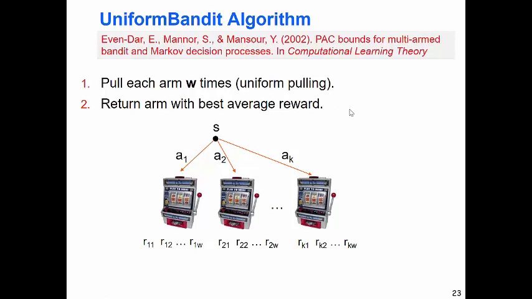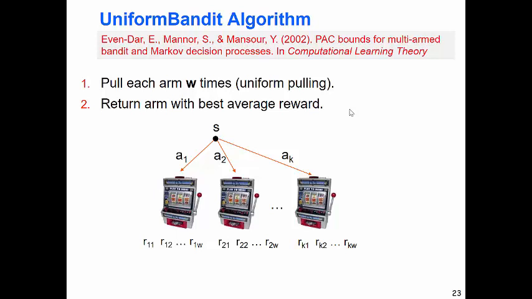But what do we have to do in order to make this into a PAC algorithm? Our bandit algorithm has to decide the value of W here. So all that's left to define the algorithm is how it chooses the value of W. And you have to choose W to be large enough so that you meet the guarantees required by the PAC definition.